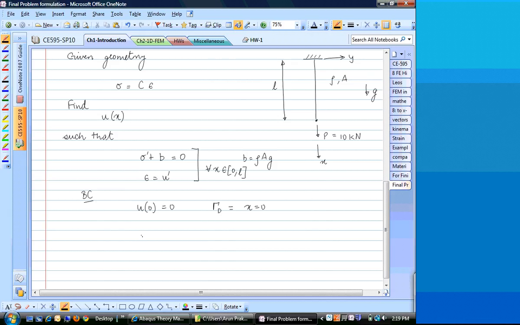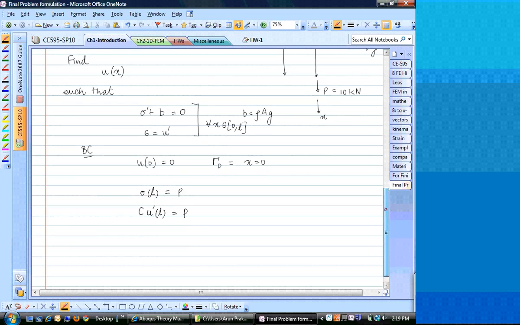It says that sigma is applied on the unit vector at L. The unit vector at L is +1. That's it. So sigma at L is equal to P. Now sigma at L, we know that it is equal to C u prime at L, which is equal to P. So those are equivalent ways of saying that.